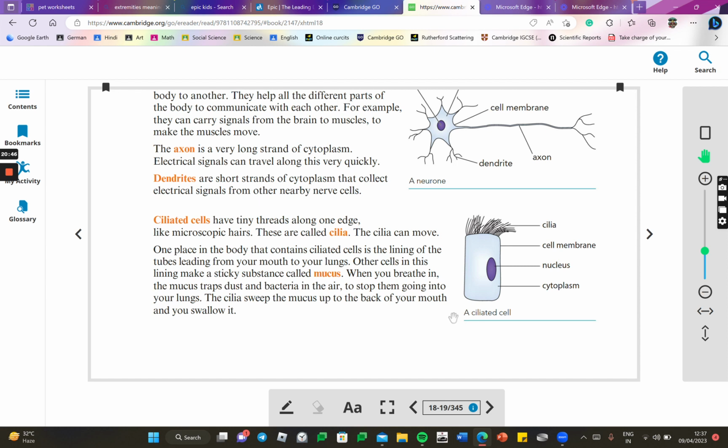All humans have hair in their nose, and those small hair-like projections trap all kinds of dust particles because they contain mucus. The mucus is a very sticky substance. Okay, let's move forward.